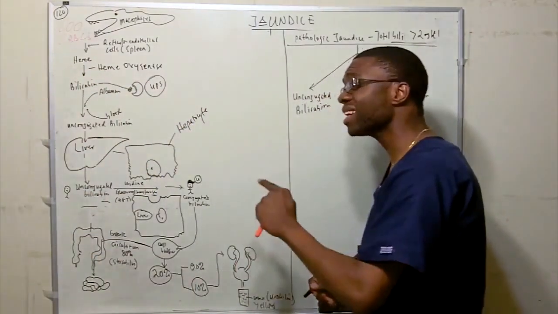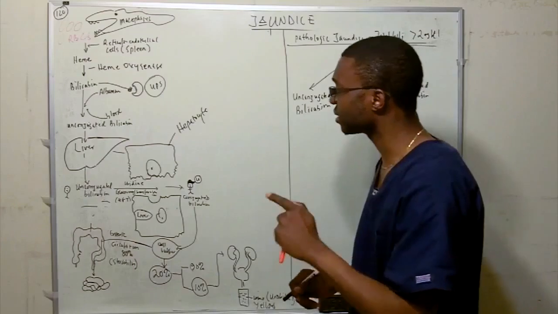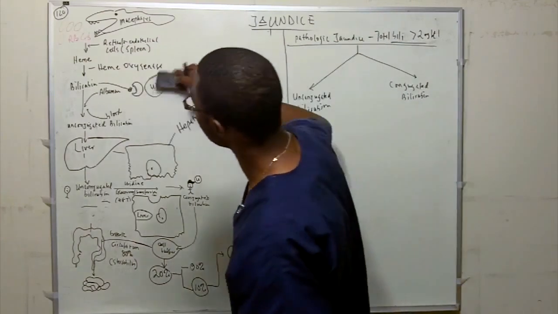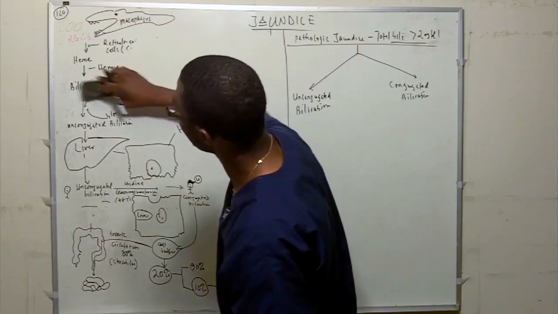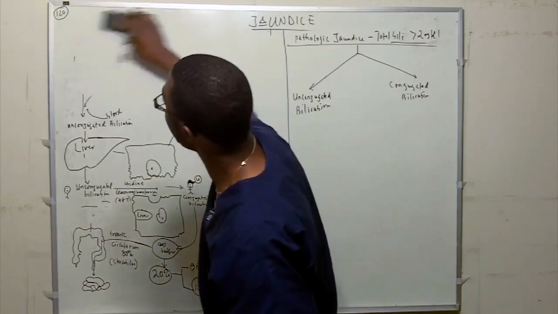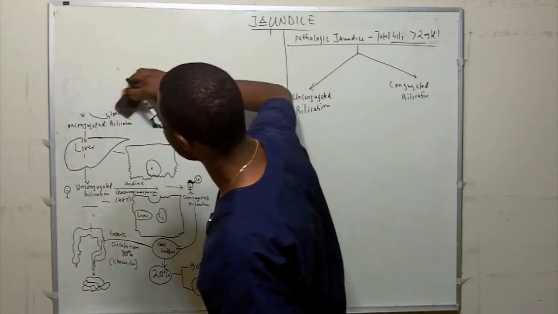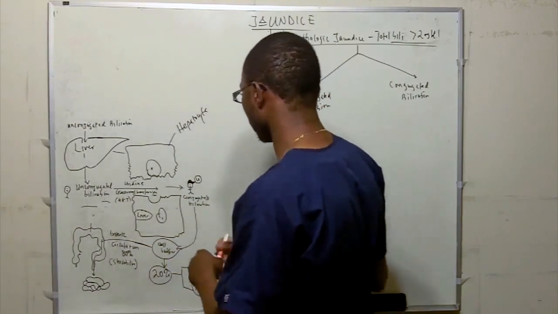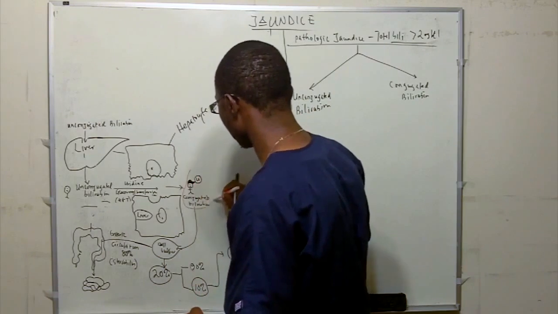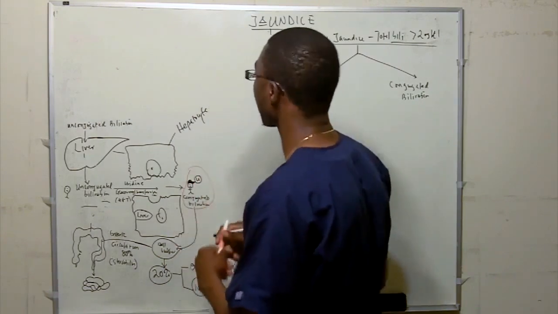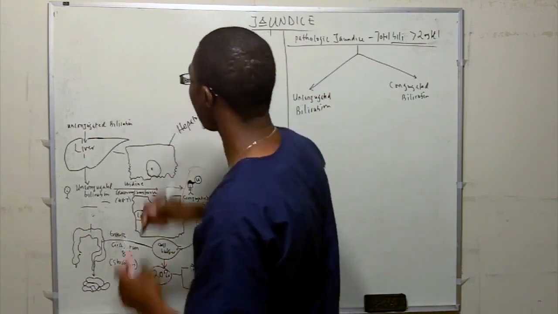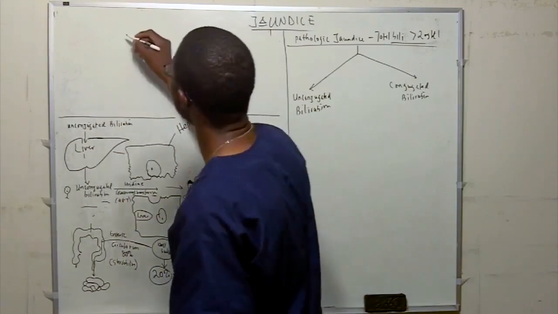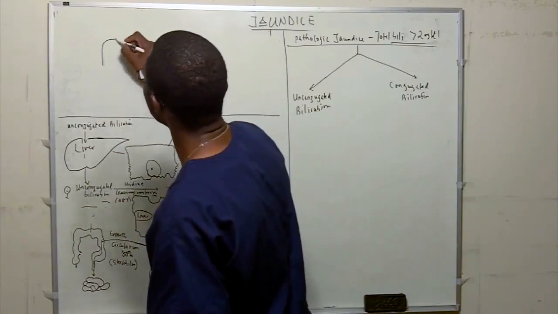I'm going to erase this part since we already know where unconjugated is coming from, and we're just going to leave the unconjugated part. Once they come out here, this is the conjugated part. But I still have to draw out the anatomy so you can understand a little bit.